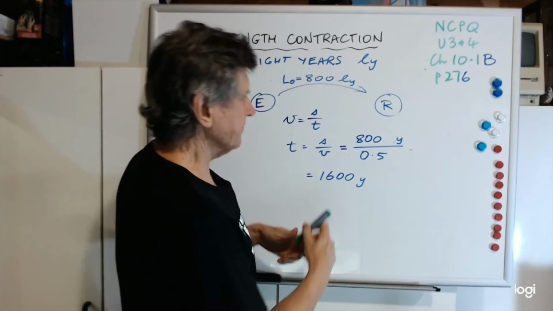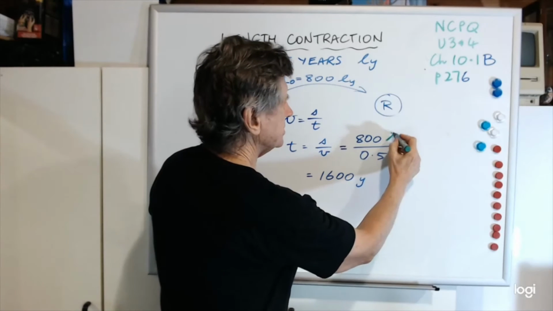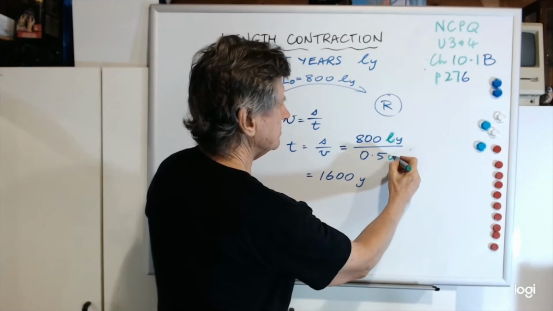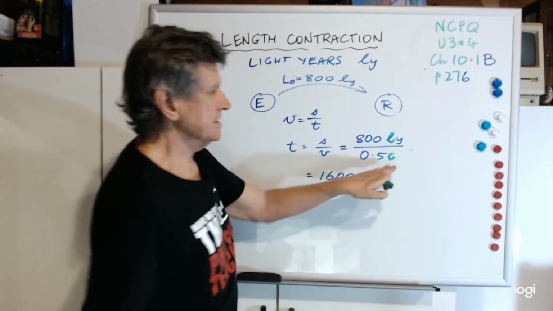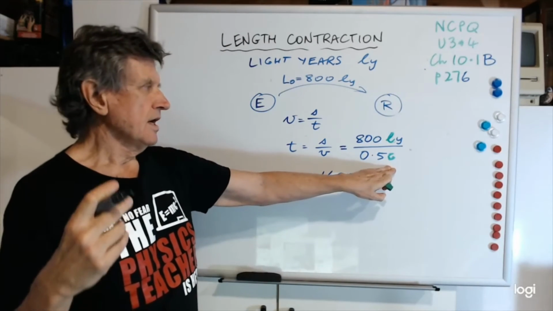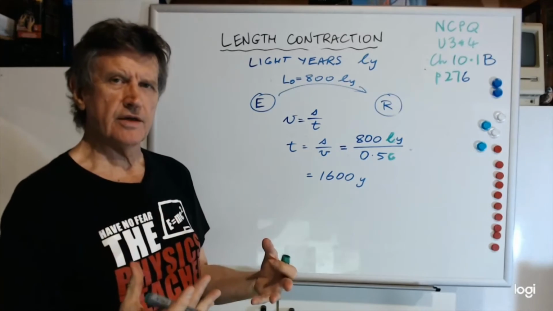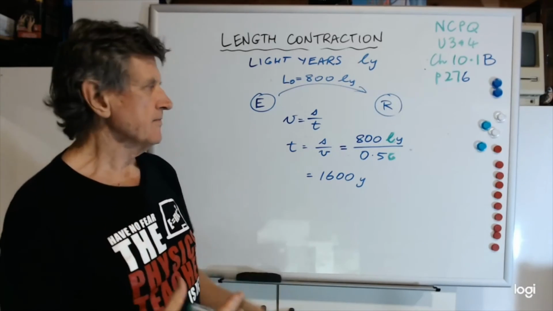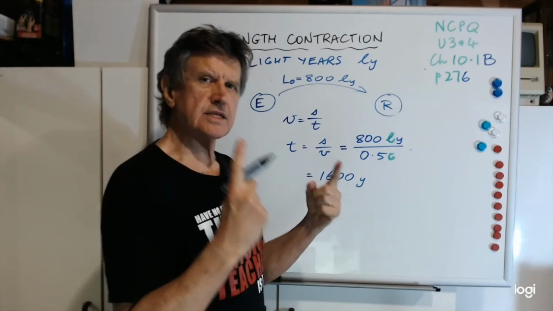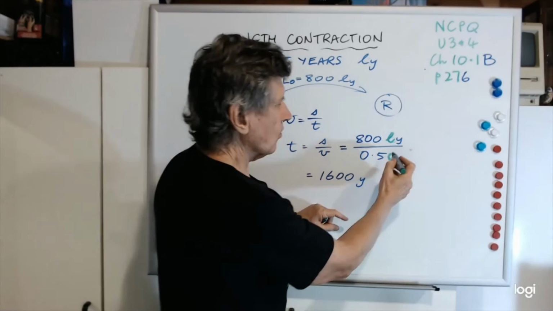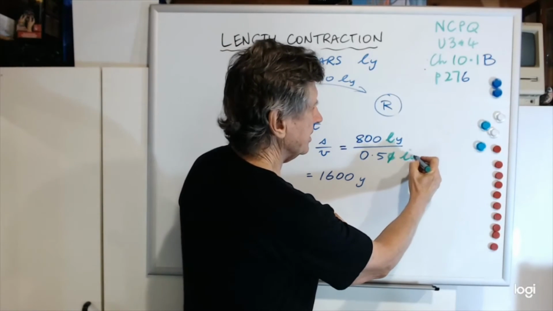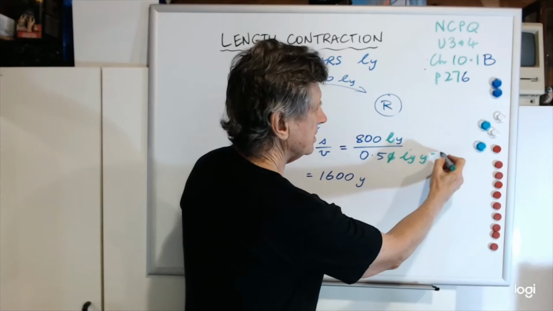This is light years, and this is c. Now c is just, light travels at 1 light year per year. That's the definition of a light year. 1 c is 1 light year per year.